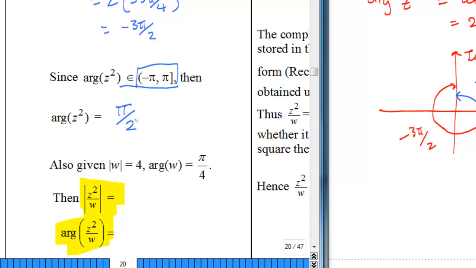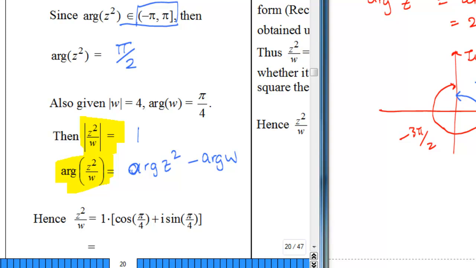So knowing that the modulus of z squared over w is 1 and the argument of z squared over w is the argument of z squared minus the argument of w, which should be pi over 2 minus the argument of w, which is pi over 4, we get the argument of z squared over w as pi over 4.